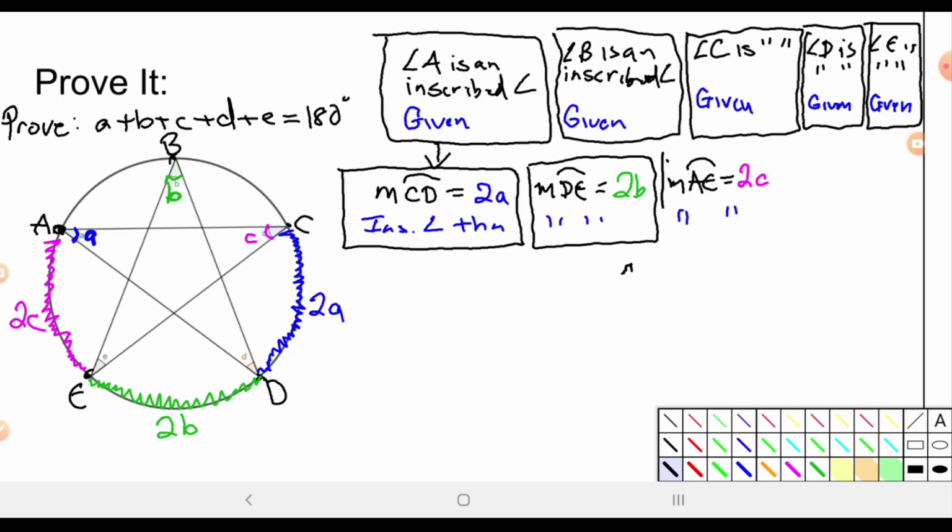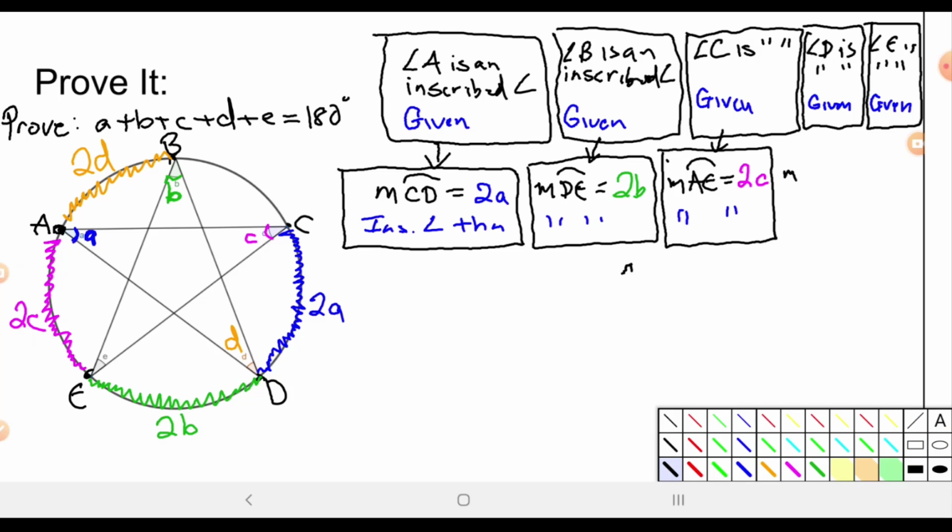So what I like is that these are telling you these. Again, hopefully you see the connection. Angle C is an inscribed angle. That means we know the arc is twice as large. All right, angle D, let's go look at angle D. This angle has a measure of D, which means we know that this arc over here is going to be 2 times D. So perfect, I can write that one in.